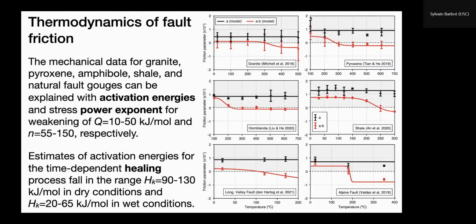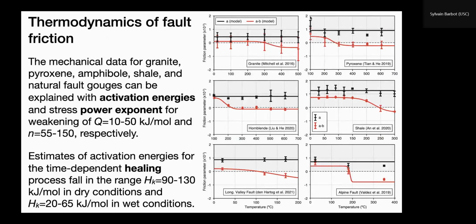All of them show a transition from velocity strengthening to velocity weakening with increasing temperature. And then can all be explained by two healing mechanisms. Maybe more happen, but two is sufficient to fit the data. And the only difference is various activation energies.